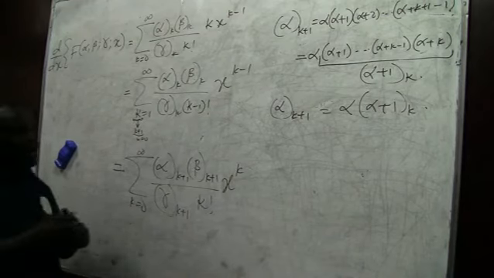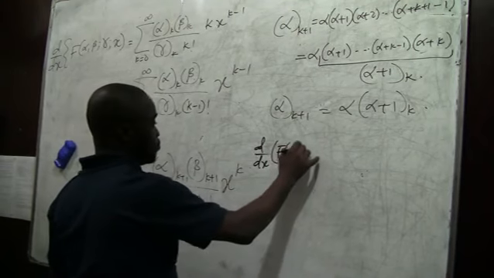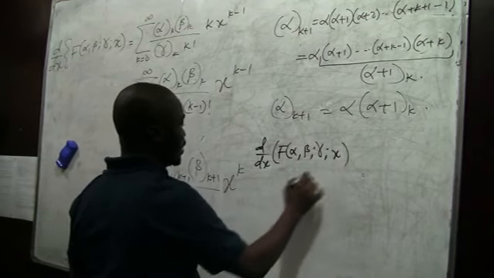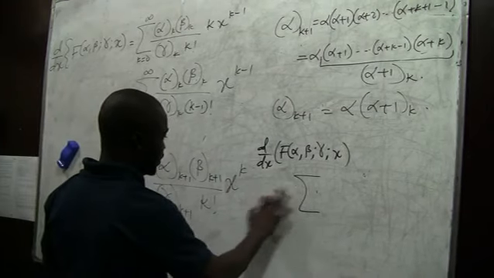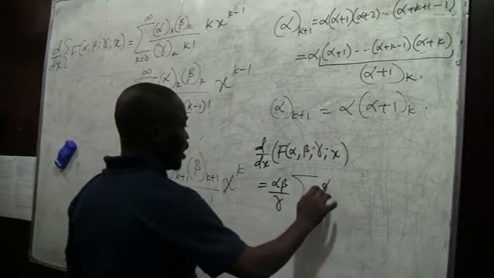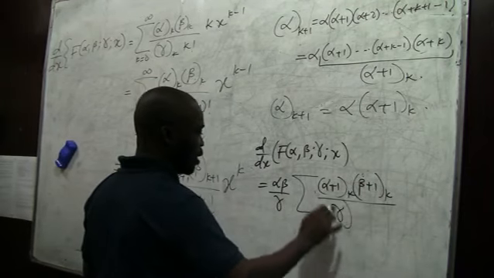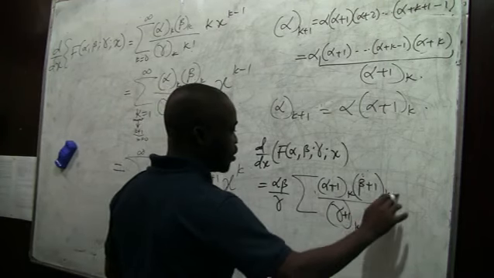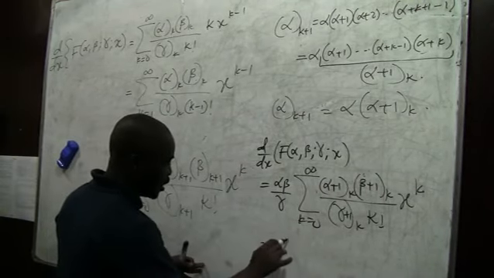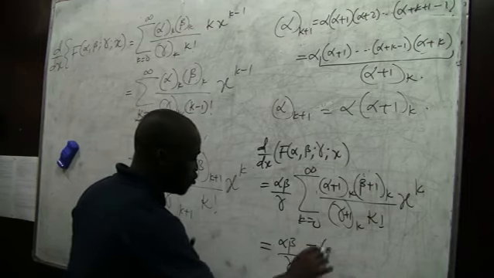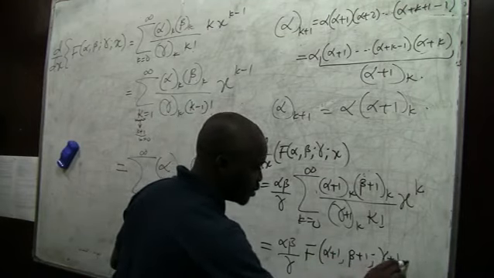So that means that our d/dx of f(alpha, beta; gamma; x) can now be written as the summation of alpha beta divided by gamma, alpha plus 1 sub k, beta plus 1 sub k divided by gamma plus 1 sub k, k factorial, x to the power k, k from 0 to infinity, and that gives alpha beta divided by gamma, f of alpha plus 1, beta plus 1; gamma plus 1; x.